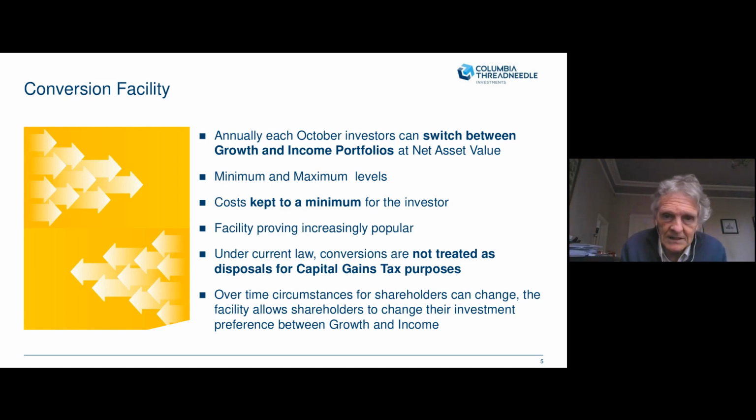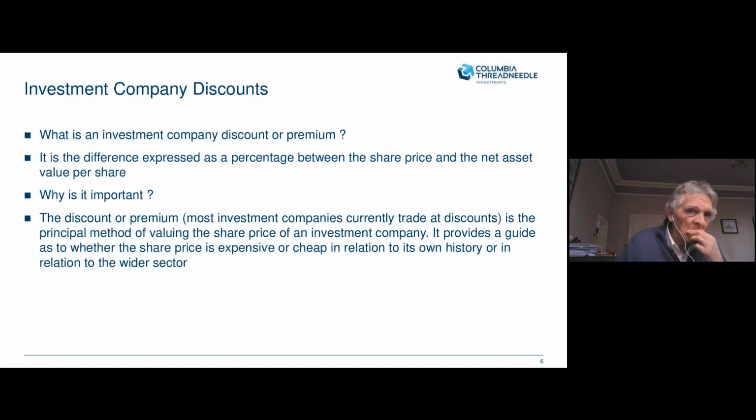And this facility gives you, with pretty low costs, the ability to change from growth to income, or indeed from income to growth should you want. So that's an interesting facility of which there's very few about in the investment trust world. So income transfer, conversion facility, and then investment company discounts.